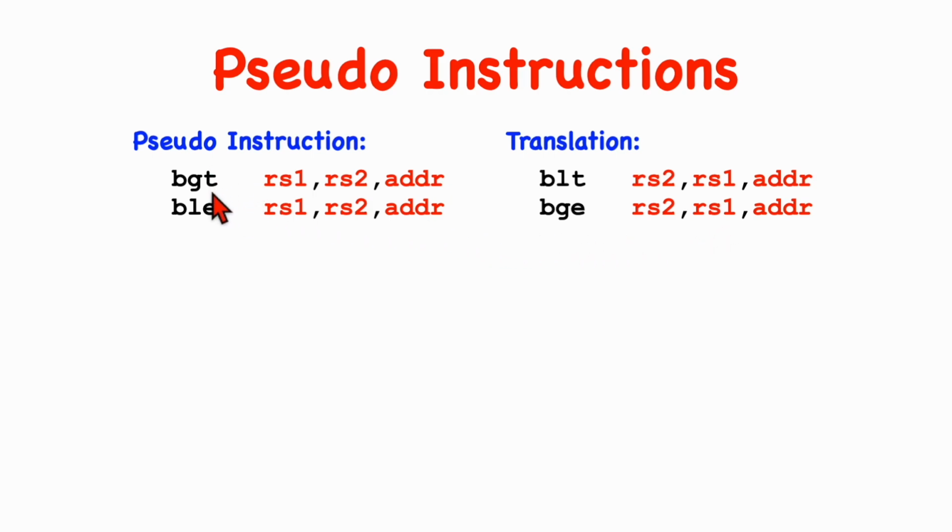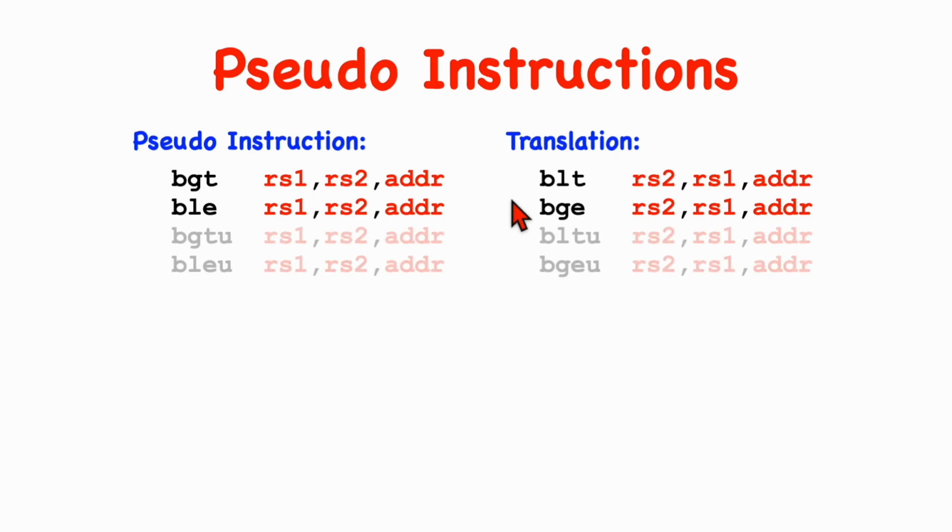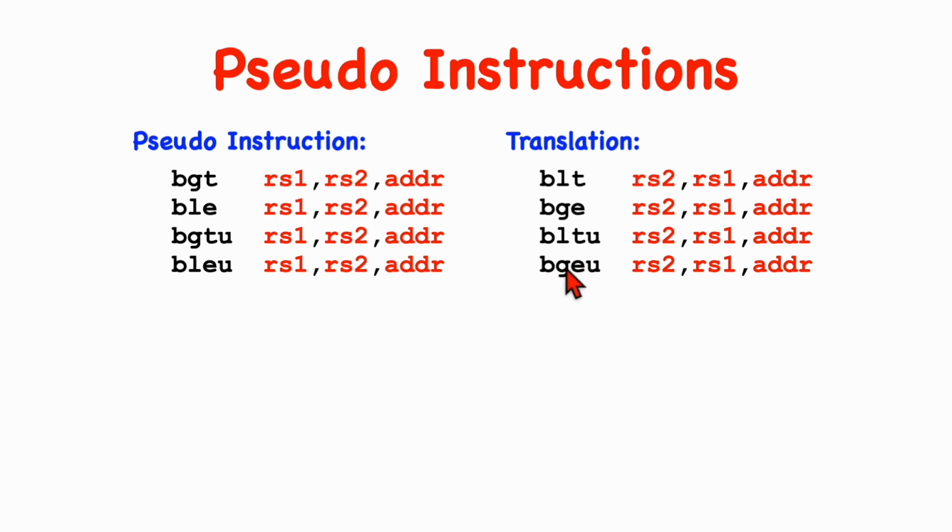These are all signed comparisons, and we've got the same thing going on for unsigned comparisons. The hardware implements 2 instructions, branch if less than unsigned, branch if greater than or equal unsigned, and these are used by the assembler to create the 2 pseudo instructions, branch if greater than unsigned and branch if less than or equal unsigned.